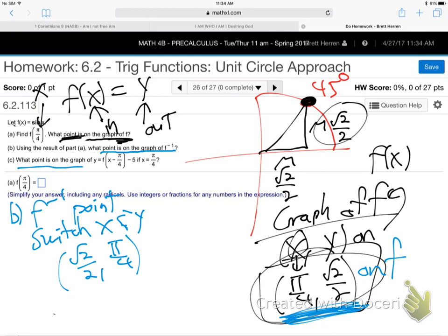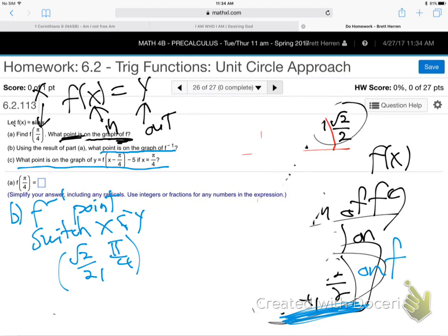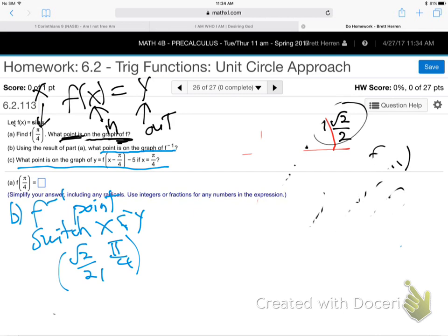Finally, part C. What point is on the graph of that? Wow. Okay, we better do that. Let me go over here then and try part C. Okay, so they're asking me for a point again.